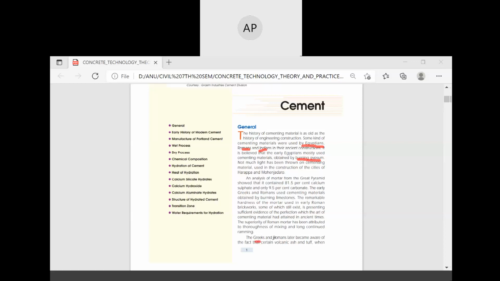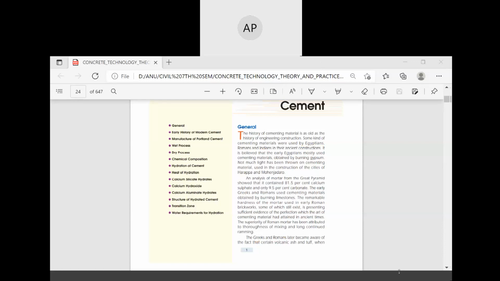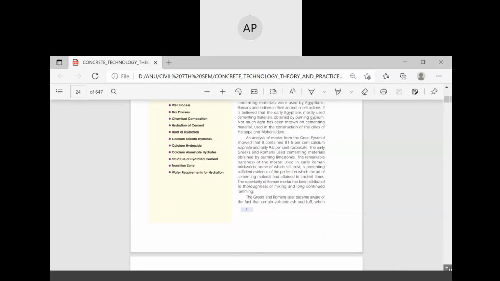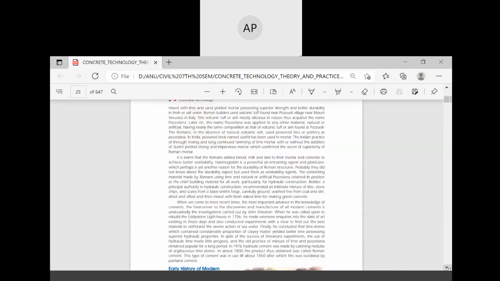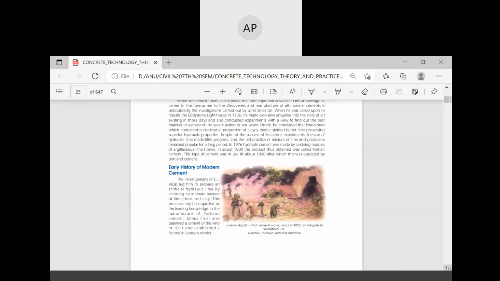Greeks, Romans, Indians, all used cementing material obtained from burning gypsum, mixed with lime and sand. Okay, so these are the burning gypsum. Early history, modern cement.